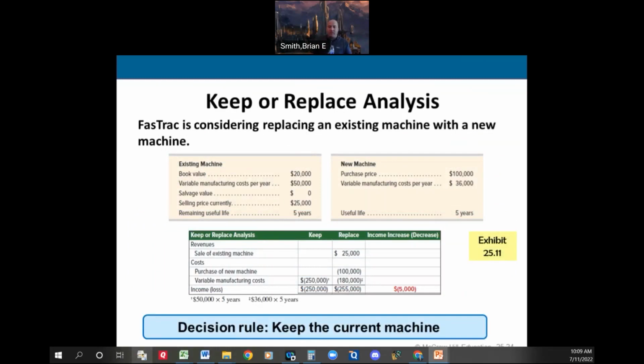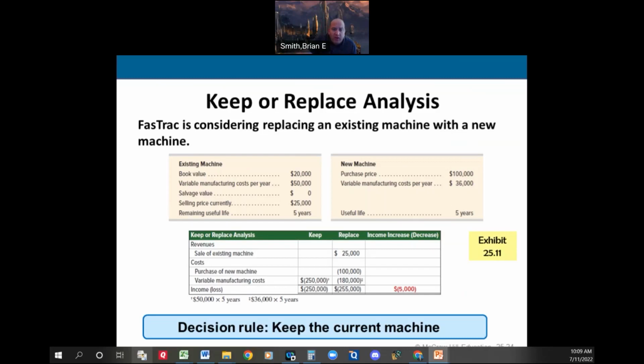So we look at this and we see how much longer we're going to be using it for. We factor this all in. To keep it, it's going to cost us about $250,000 of manufacturing costs. I'm trying to find where they're getting this at, remaining useful life.